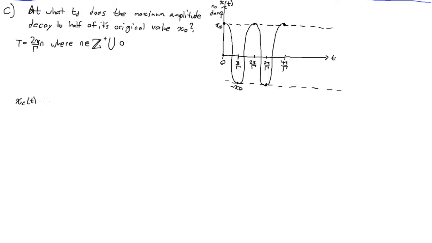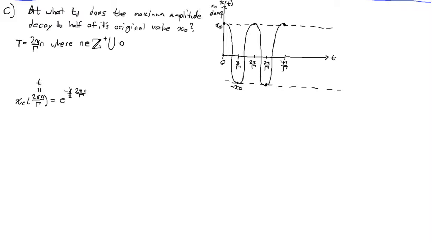So x_c of t is going to be equal, or well, actually I didn't want to do it of t, I wanted to do it of our period that we have established. So that would be 2 pi n over gamma is equal to e to the minus gamma over 2 pi n over gamma.